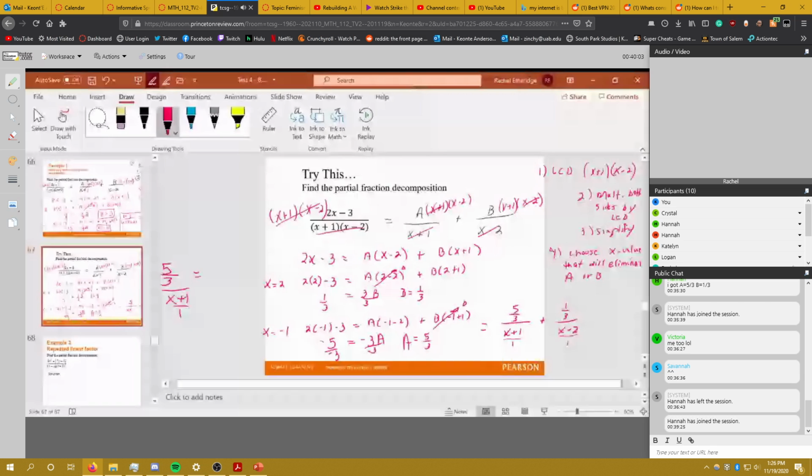So that would actually be 5/3 times x plus 1. So it would be nicer if we wrote this as 5/3 x plus 1 plus 1/3 x minus 2. If you multiply by the reciprocal here, you're going to multiply by 1 over x minus 2. So you're going to have 1/3 times x minus 2.